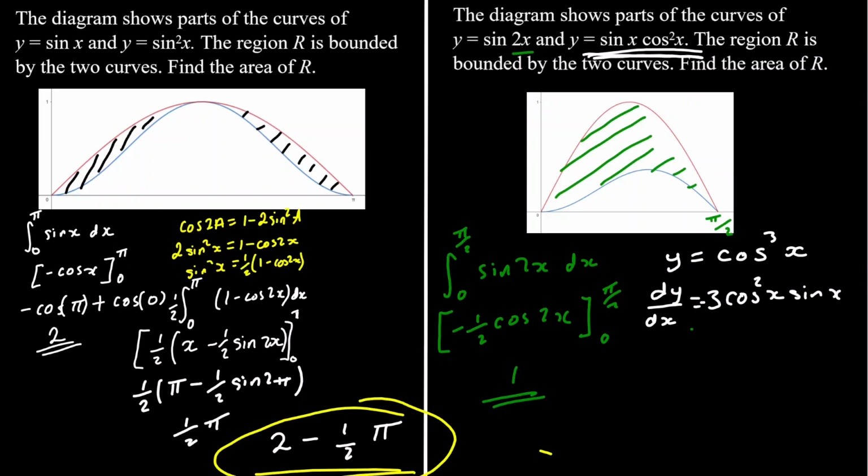So if we times by minus a third to the answer, also times minus a third to what we started with, we get our integral. So it is minus a third cos cubed x.